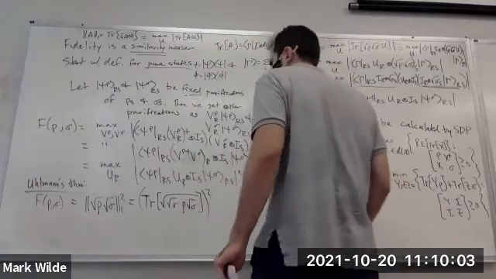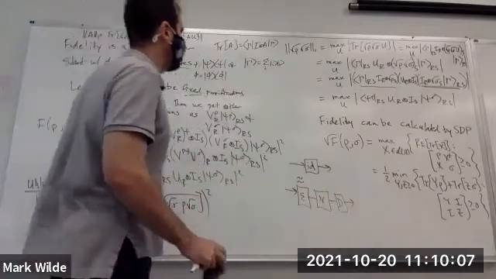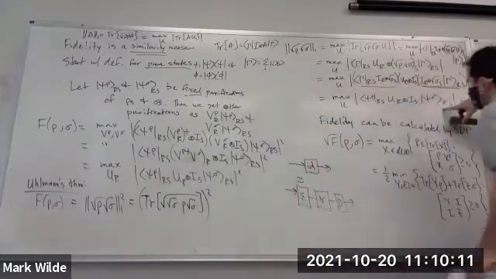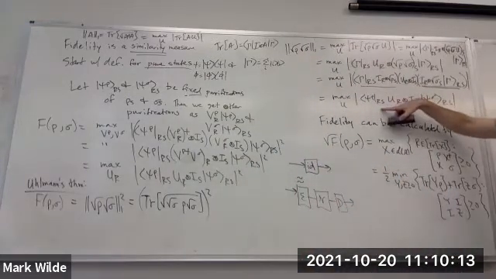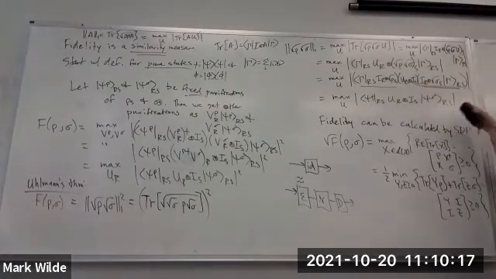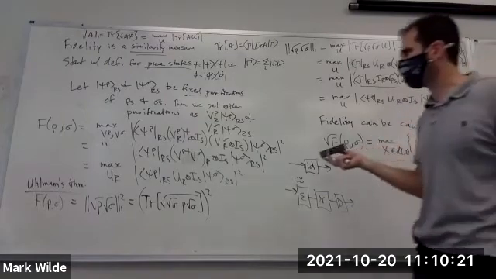Well, let's see. Yeah, when we have this formula, you see that this is a state vector, this is a state vector, this is a unitary. So this absolute value is going to be between 0 and 1. Right? So fidelity is between 0 and 1.